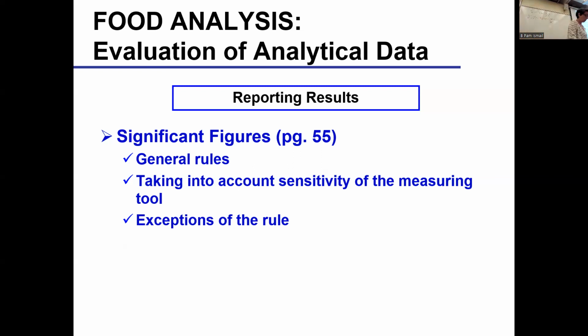Okay. So I'm going to give you a real example, something that you would probably relate to in the HPLC lab.